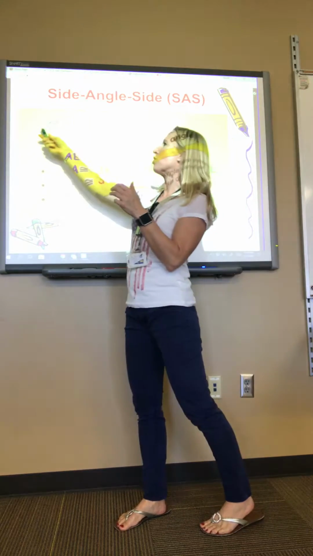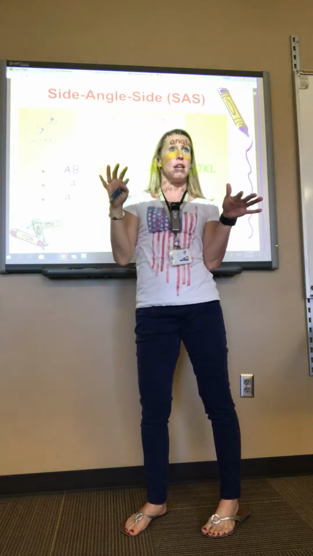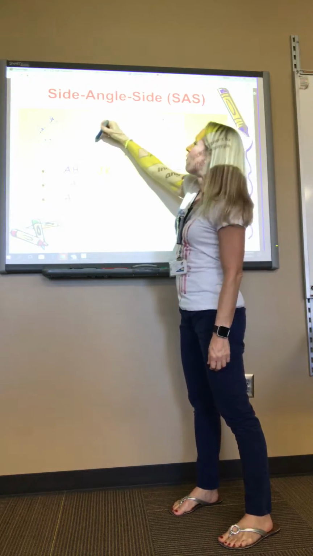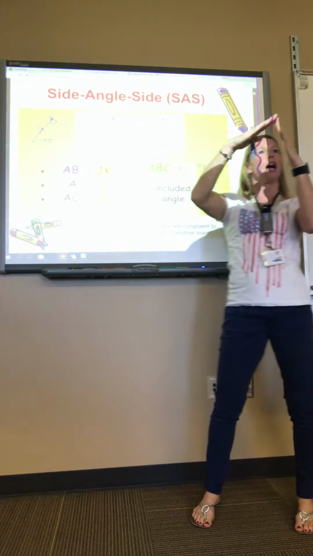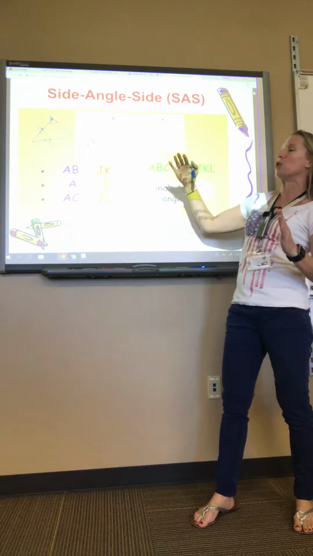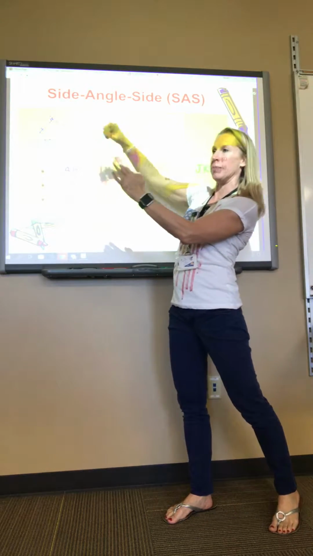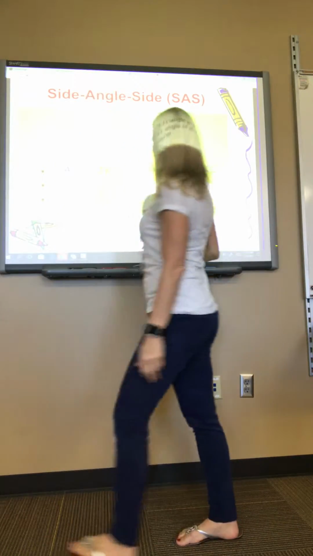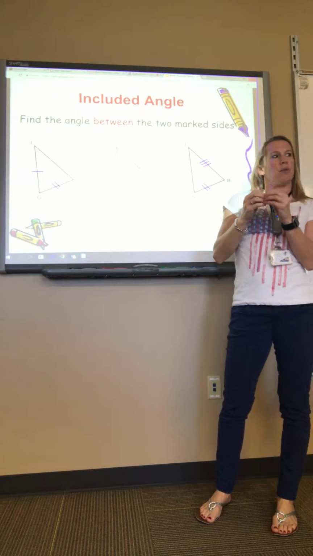This would actually spell a bad word, angle, side, side, and we're going to learn that that's not okay. So it's really important for you to see the angle is in between the 2 sides. So if you look, those 2 sides, if I were to draw them together, see how they form the angle in between? So if I were to look at this triangle, what would the included angle be?